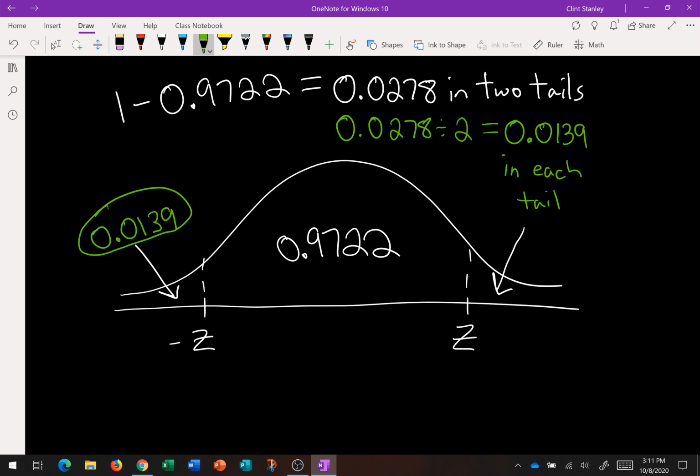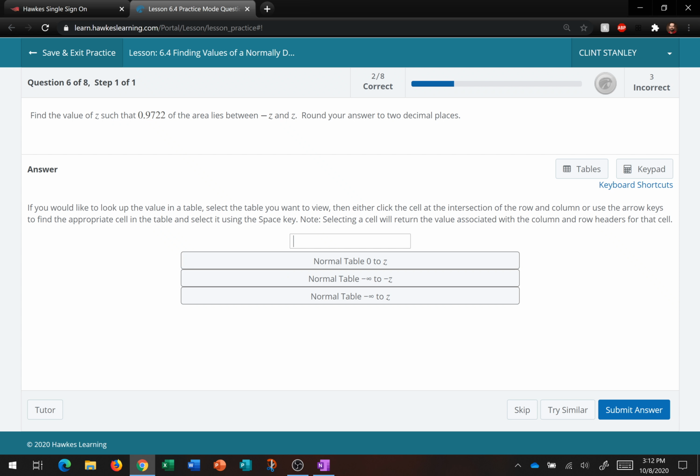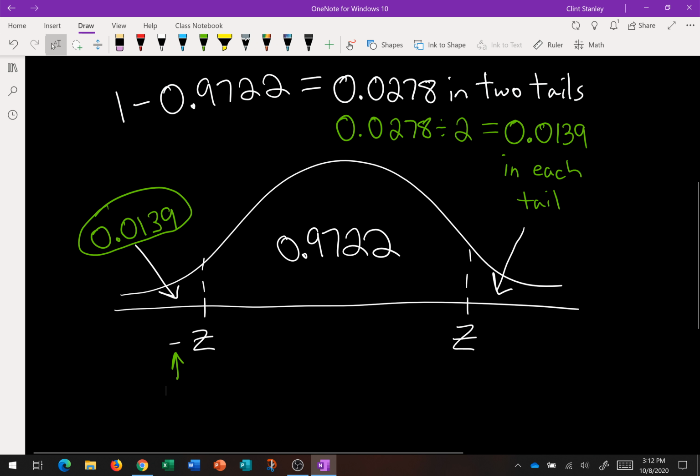We look inside the table for 0.0139, and that's going to give us the negative z. And we just have to remember we want both on this one because it's worded a little tricky. Okay, it says find the value of z. So our answer is always going to be positive on these in-between problems. Okay. So we're looking inside the table for 0.0139.